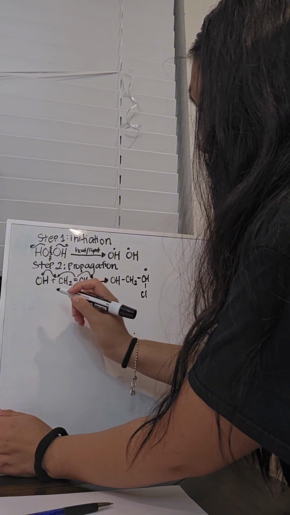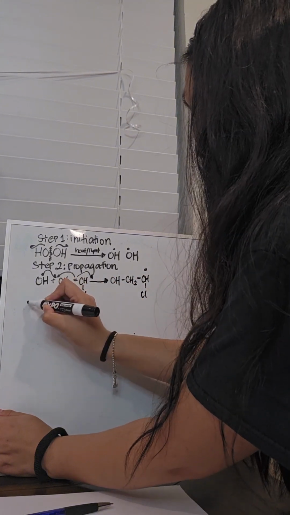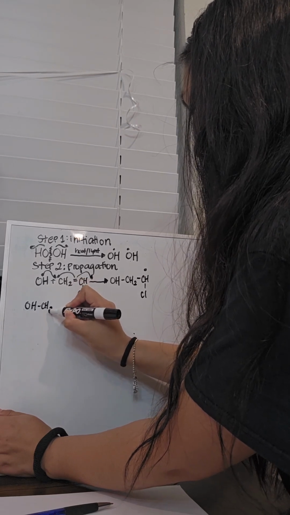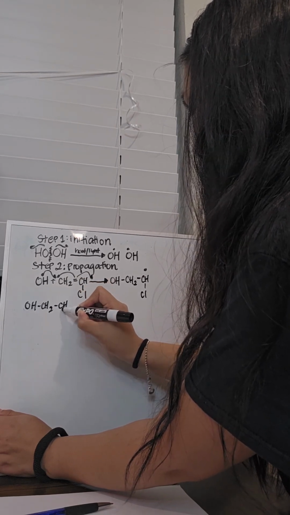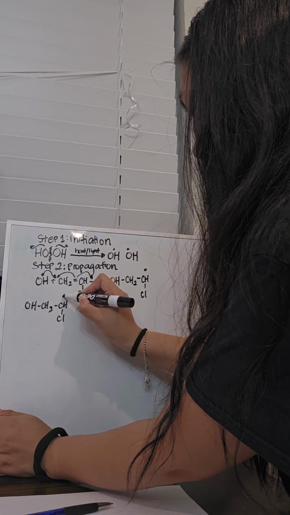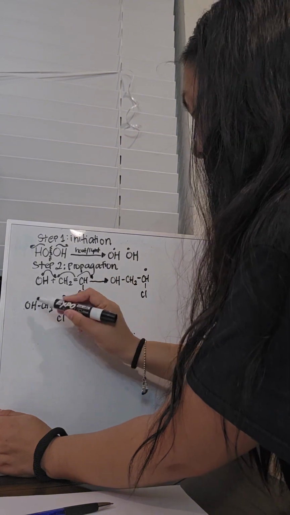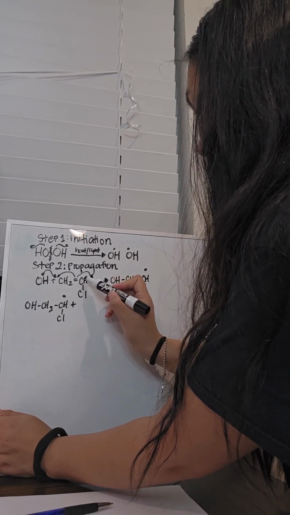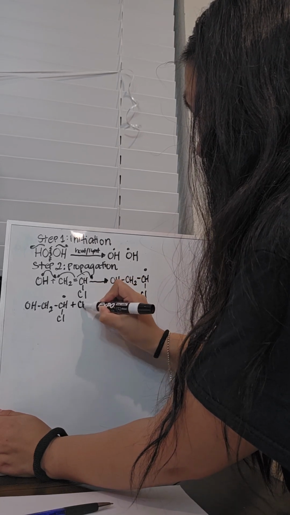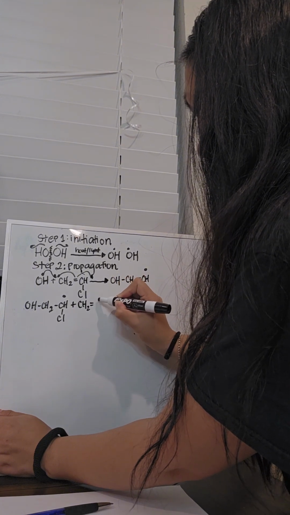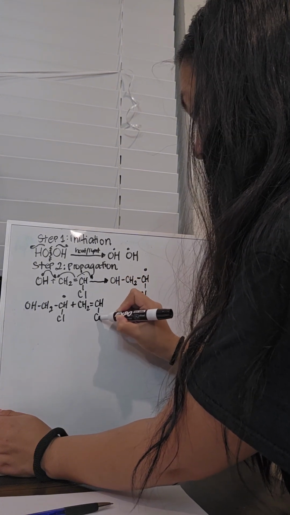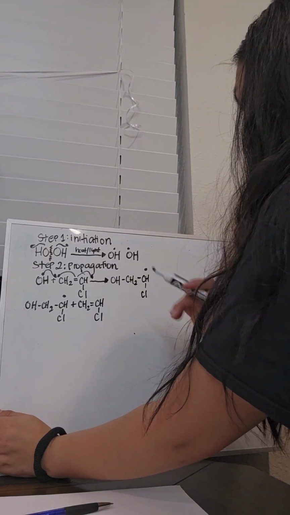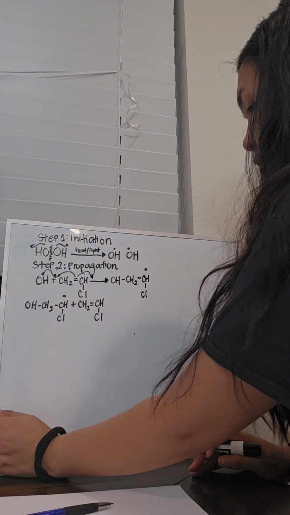So let's write down the product. This is the product. I'll write it down over here one more time. Now this will attack another piece of vinyl chloride monomer, like this one right here. And then this will happen the same way it did in the first step of the propagation process.